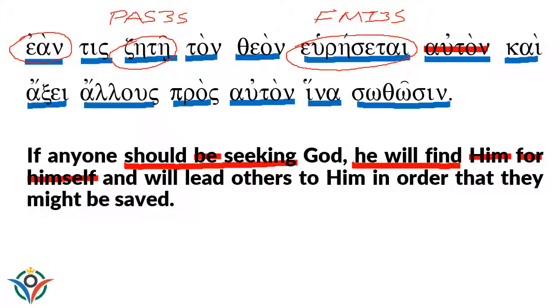And then let's quickly take a look at this second last word, hina. So once again, beep, beep, beep, the subjunctive is coming, and it does come. So we have a subjunctive verb, sothosin, and this comes from sozo once again.